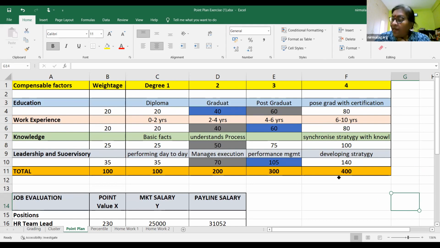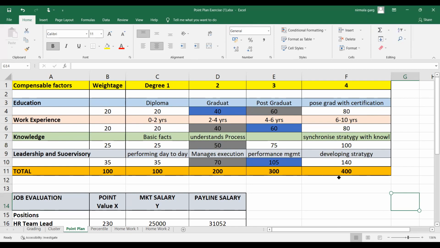How many points will I write? 40, right? And at a knowledge level, it needs understanding of processes, etc. How many points will I give? 50. And then leadership and supervisory, managing everyday's work, executing everything.